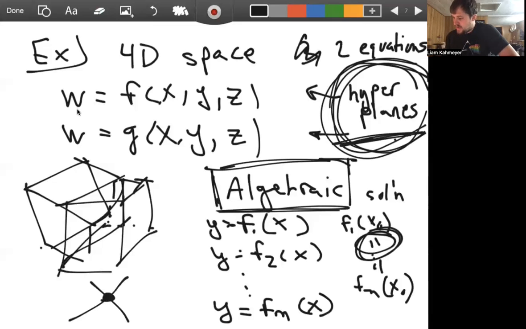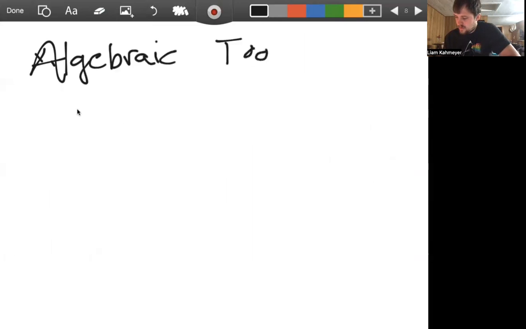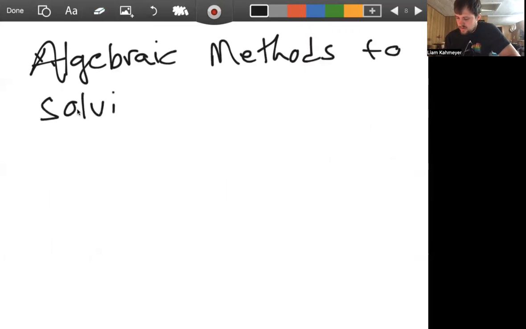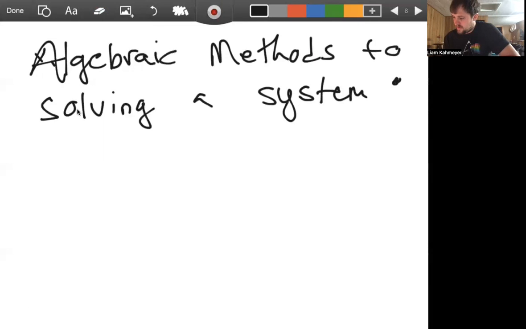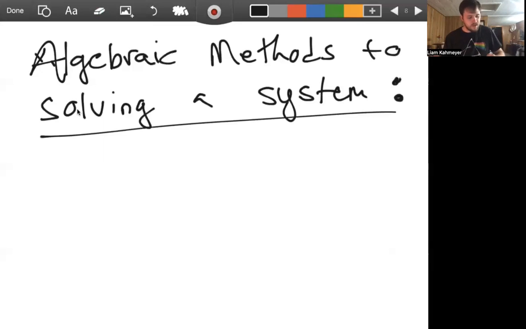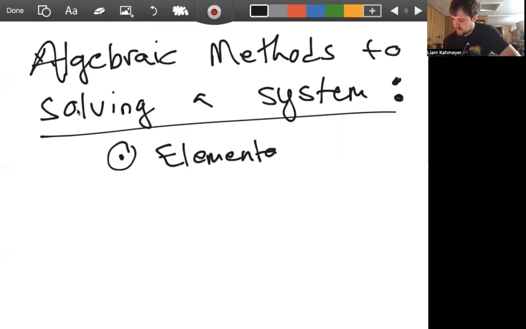So what I want to do now is take a look at some algebraic tools, or I like methods better, to solving a system. The first is elementary operations.